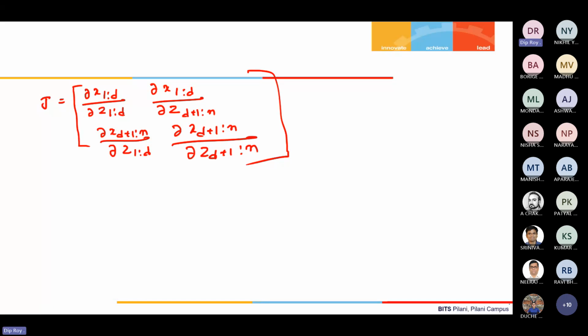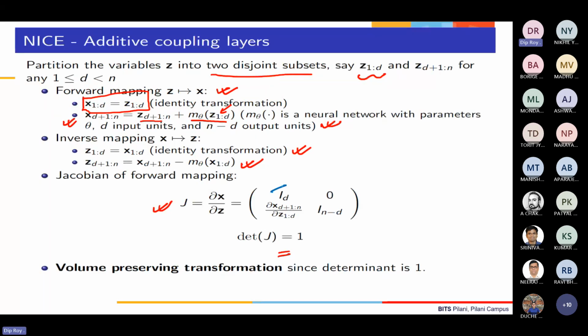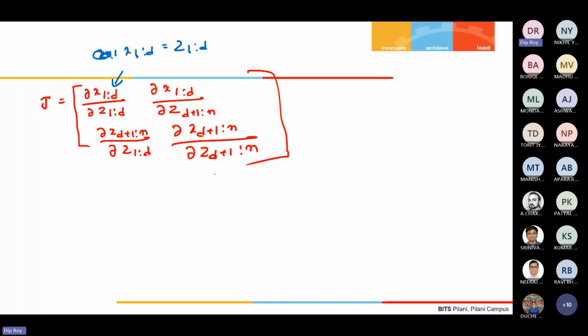Remember, here x1 to xd is an identity mapping. So when you take the derivative, this is actually nothing but identity, an identity of d dimensions. Now let's come to the top right.